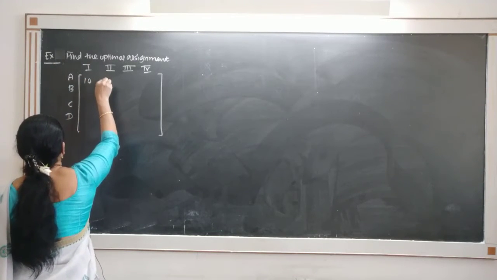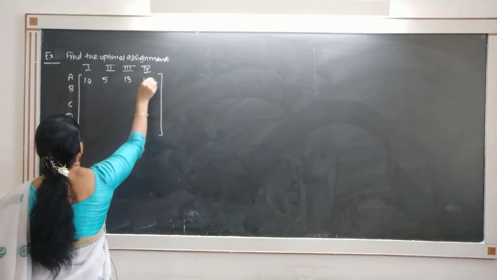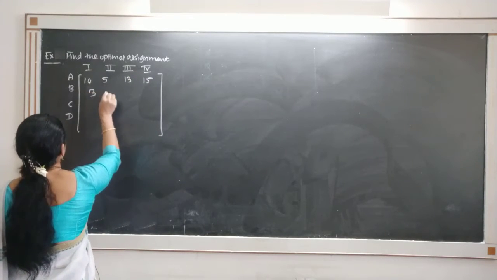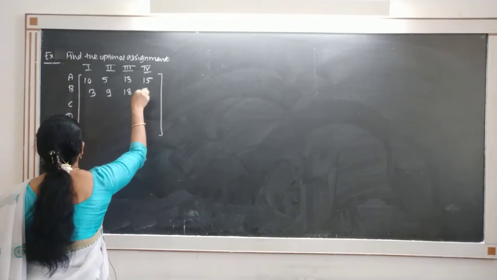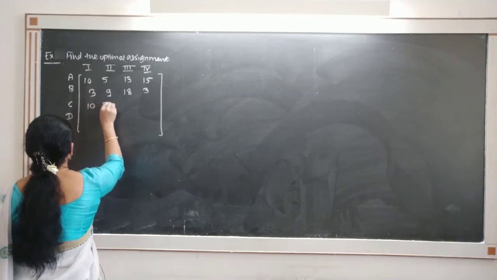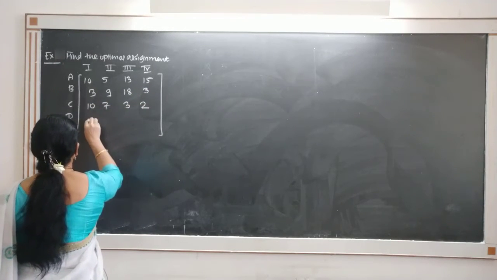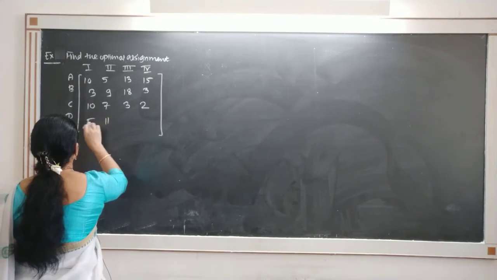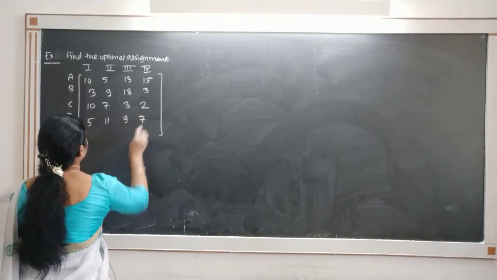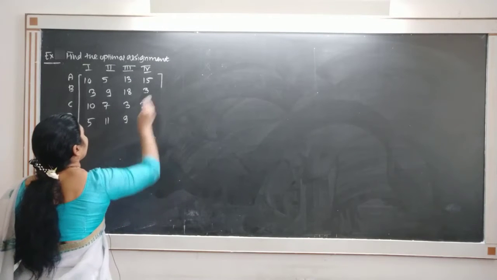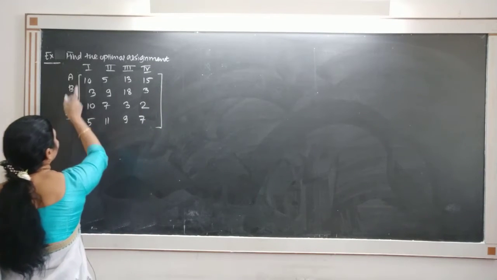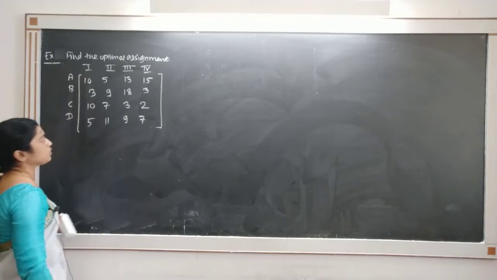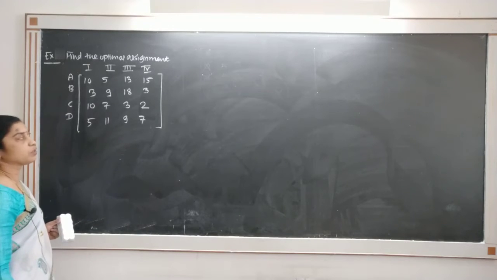The cost matrix is 10, 5, 13, 15, 3, 9, 18, 3, 10, 7, 3, 2 and 5, 11, 9, 7. We want to find the optimal assignment. 4 men and 4 jobs are given to us. That is, we want to minimize the problem.